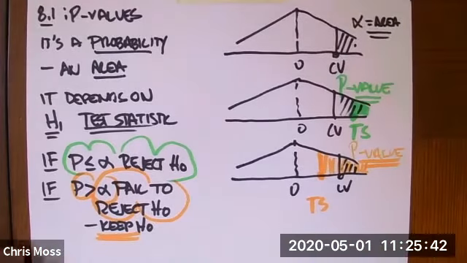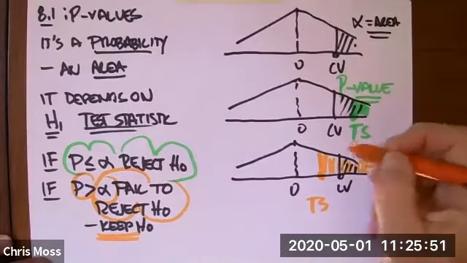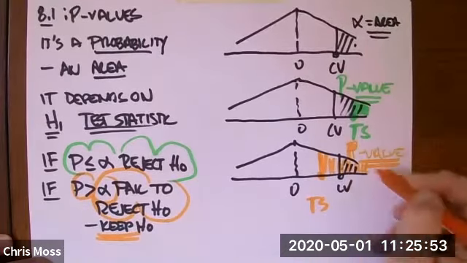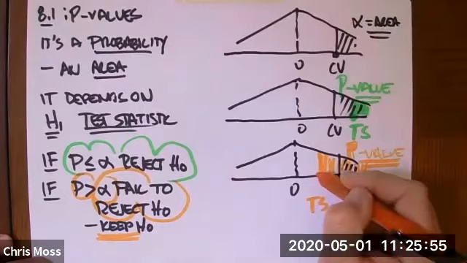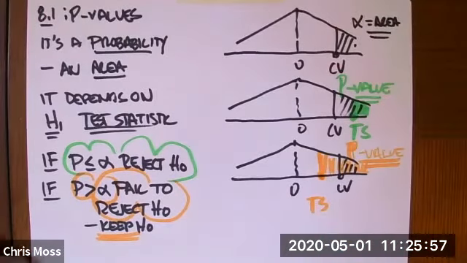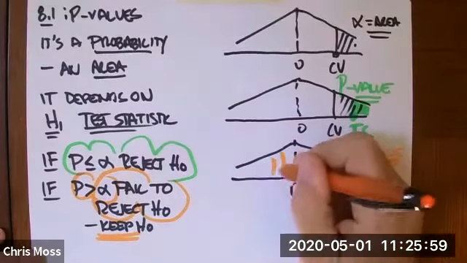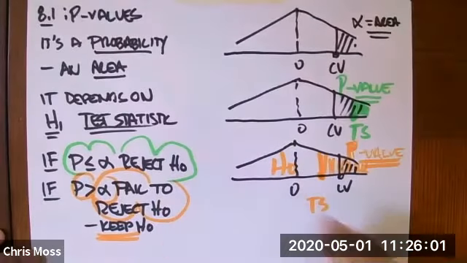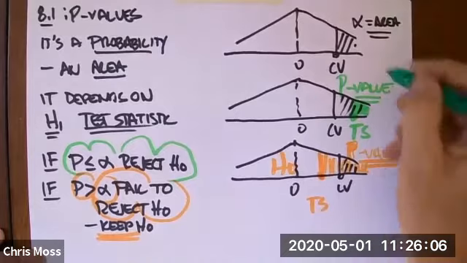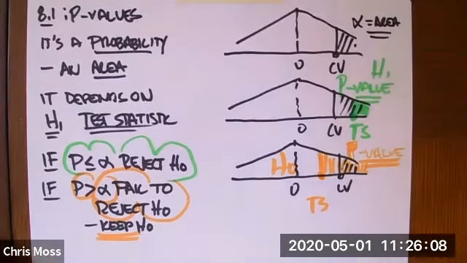And you can see that that area is larger than the area in black that's set by the critical value and alpha. So if my p-value is bigger than alpha, the test statistic falls in the non-rejection region, where we'll end up keeping the null hypothesis. And again, if the test statistic falls in the rejection region, we'll go with the alternative. So hopefully that explains why we follow the rules we do.